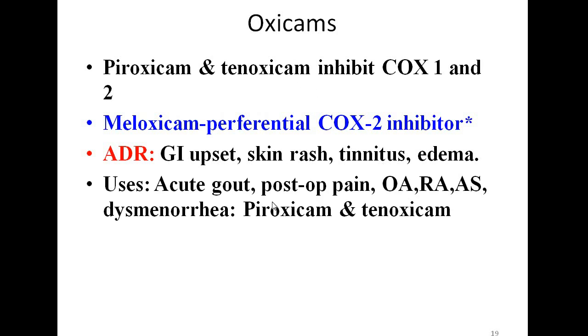The oxicams are used in the treatment of acute gout, post-operative pain, dysmenorrhea, osteoarthritis, rheumatoid arthritis and ankylosing spondylitis. Meloxicam is, as of today, used in the treatment of osteoarthritis, rheumatoid arthritis and ankylosing spondylitis.